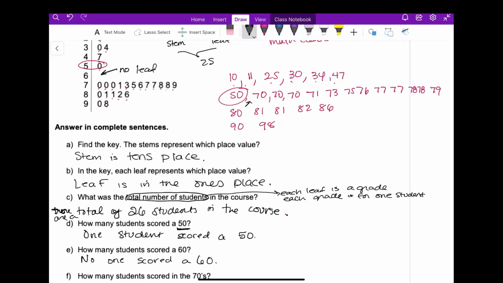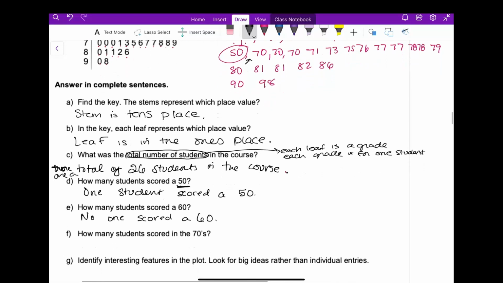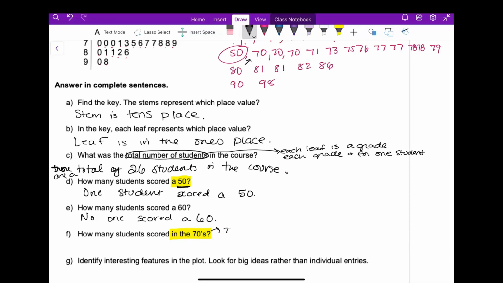How many students scored in the 70s? This is such a pretty question. This one is different in the 70s compared to a 50. Look at the difference in questions. What are 70s? 70s are 70, 71, 72, all the way to 79. So how many students scored in the 70s? You're going to look at all that stem with a 7.